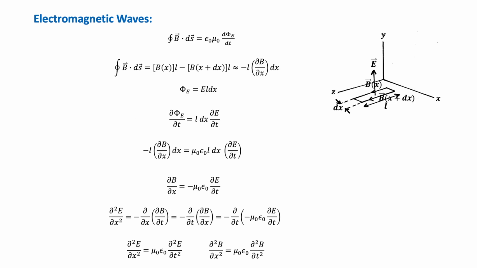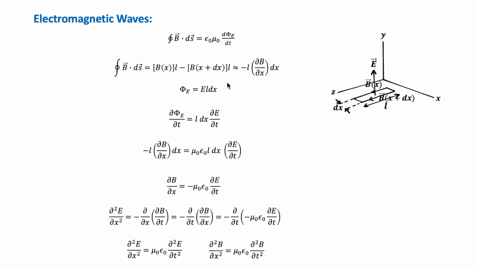In a similar manner, we can use Maxwell's fourth equation in empty space, where the conduction current I is equal to 0, which is this equation, and evaluate the line integral of B dot ds around a rectangle in the xz plane of width dx and length L. In a similar way as before, this integral is equal to B(x) L minus B(x plus dx) L and is equal to this.